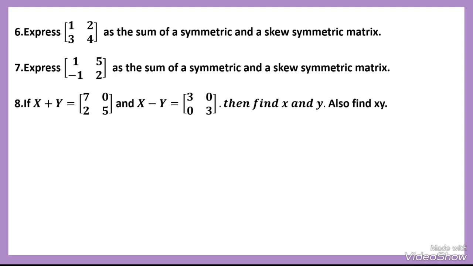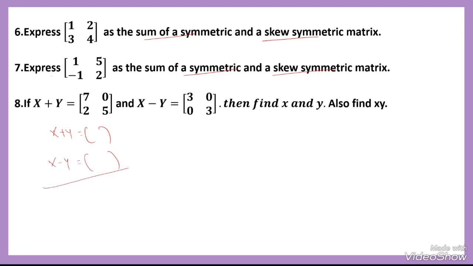Here also there is one question. It can be expressed as the sum of symmetric and skew symmetric. Here also the numbers are different, but the question is the same. Here you have to first take the x plus y matrix and the x minus y matrix.